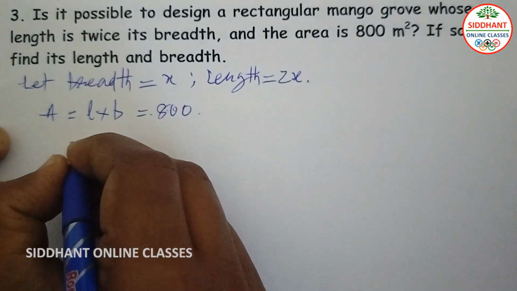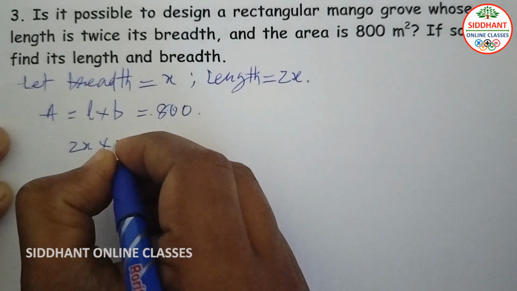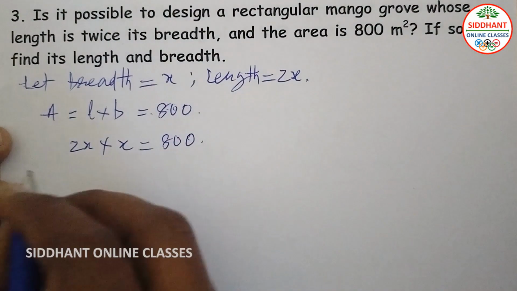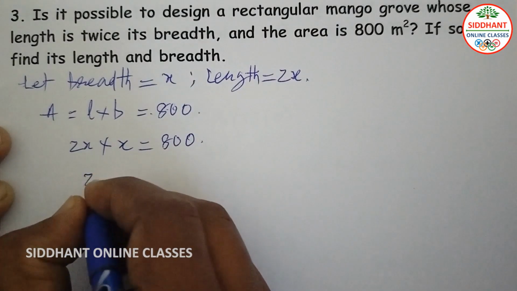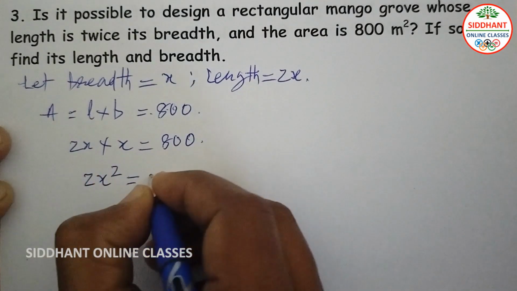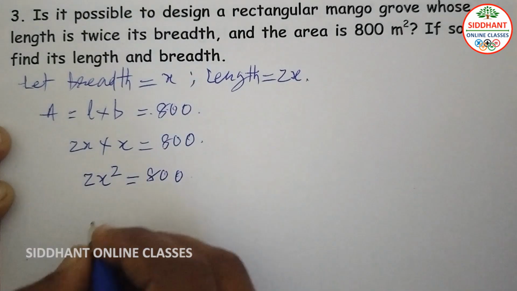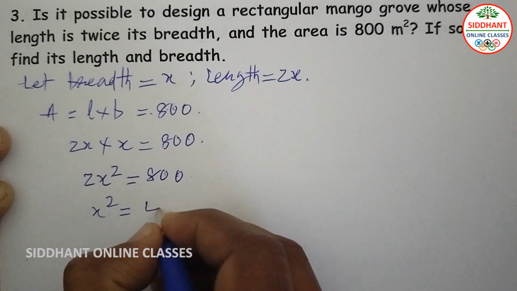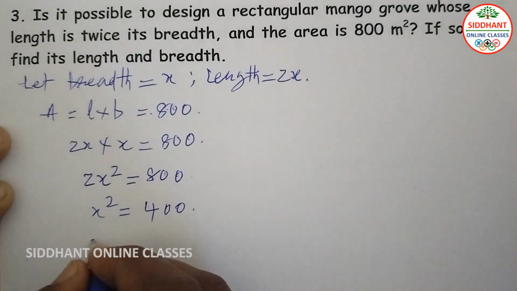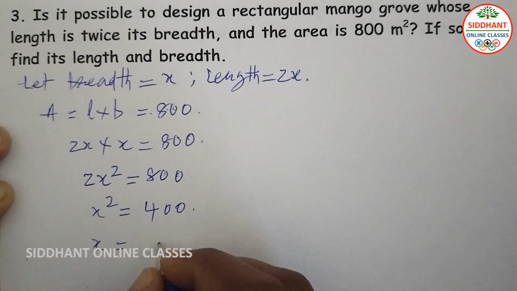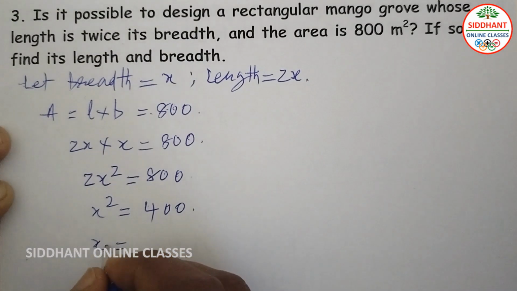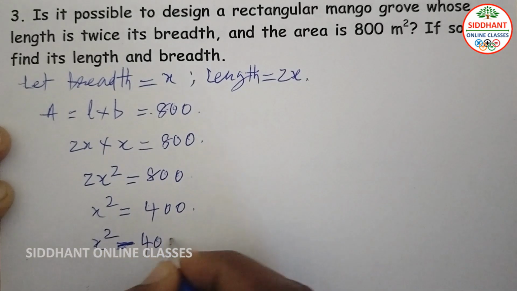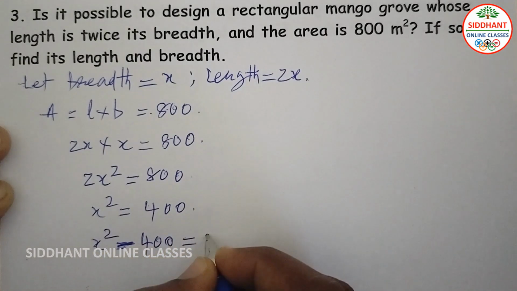And L is 2x and breadth is x, which is 800. 2x² = 800, x² = 800/2, which is 400. Then x² − 400 = 0.